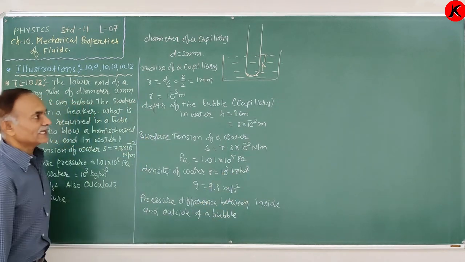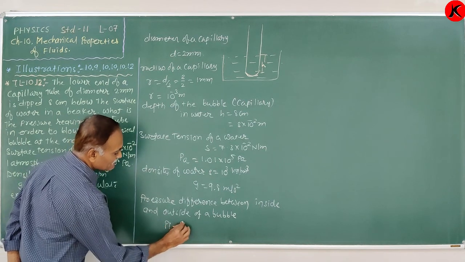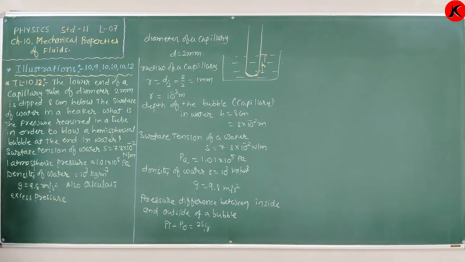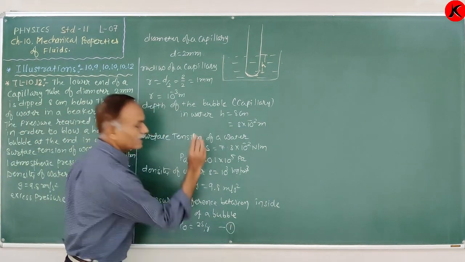So we know that here the air bubble has one free surface, therefore Pi minus Po is equal to 2S upon R. Pi minus Po is equal to 2S upon R. That is our equation number 1.